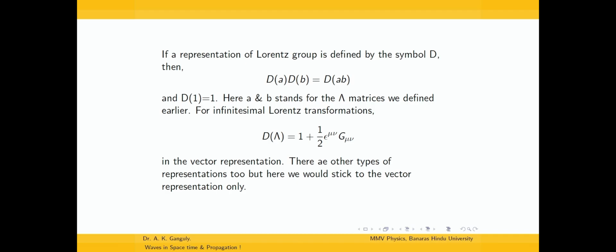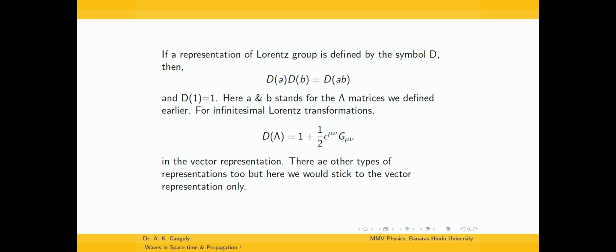The elements that we have defined here in terms of small a or small b as the arguments of capital B are actually the Lorentz transformation matrices lambdas that we have defined earlier.